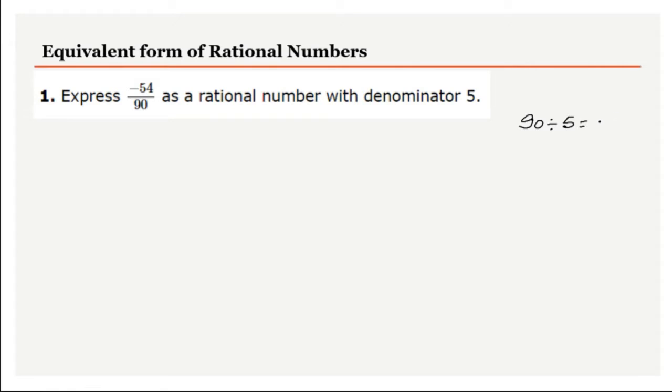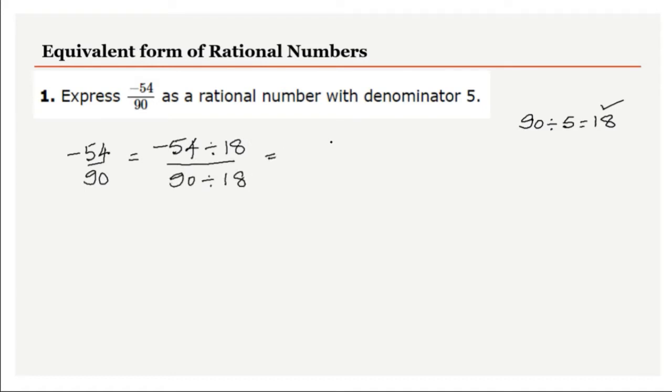When 90 is divided by 5, we get positive 18. So I will divide both minus 54 as well as 90 by 18.